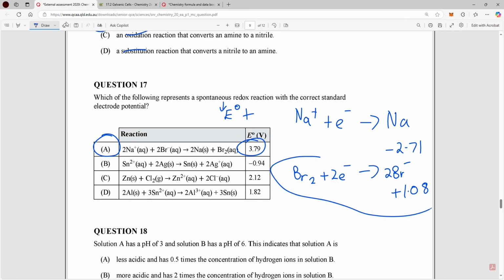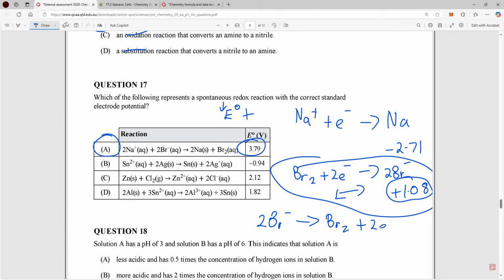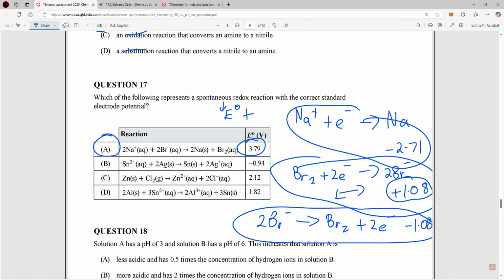So if this is undergoing oxidation, so it's losing electrons, that means this value actually has to be flipped the other way, because look how it's set up in the equation. They've got this on the opposite side. So you actually have to flip this around. So you have 2Br negative producing Br2 plus the electrons. This will be negative 1.08. So if you add this and this, you're actually going to get this number here, but the negative version.